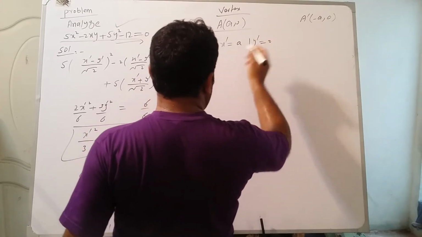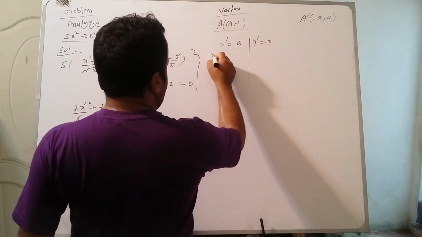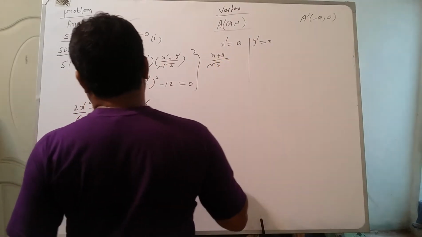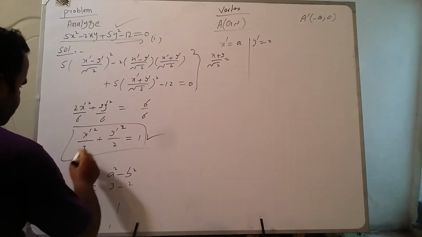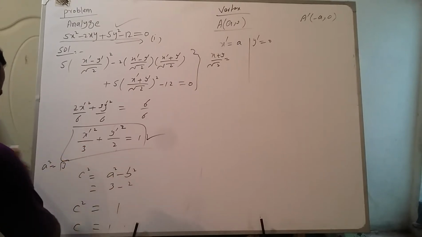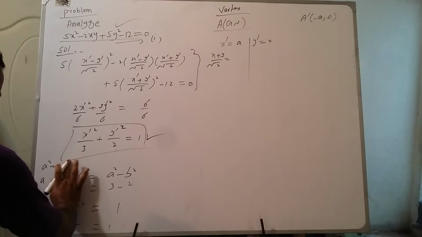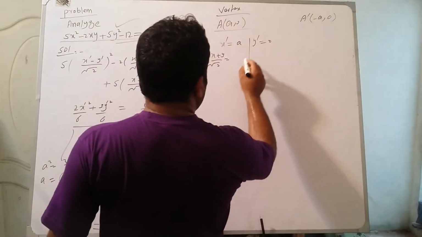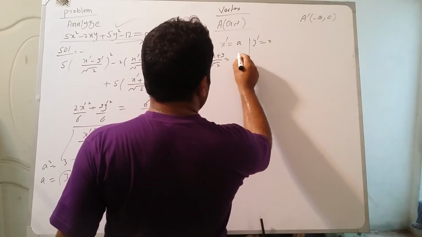x dash is equal to A means that (x plus y) over root 2 equals A. What is the value of A? A square is equal to 3, and A is equal to root 3.